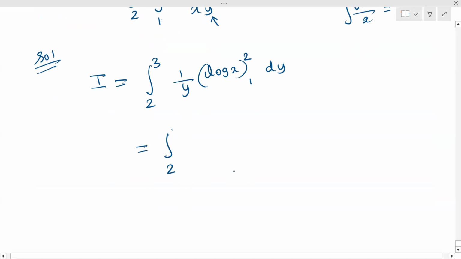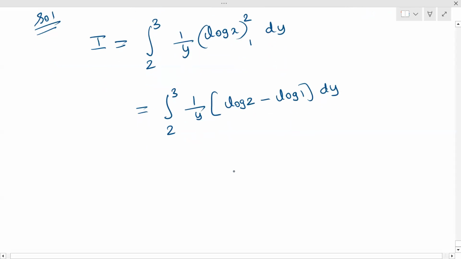So 2 to 3, 1 by y, apply the upper limit log 2 minus the lower limit log 1, dy. We know the log 1 value is 0. So write log 2 outside, 2 to 3 dy by y.